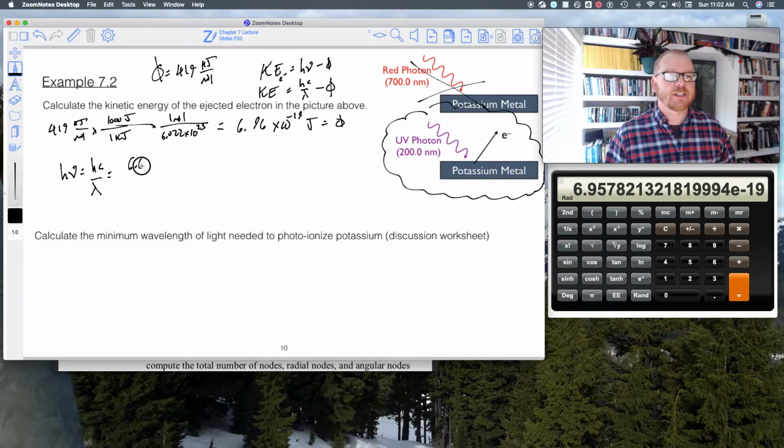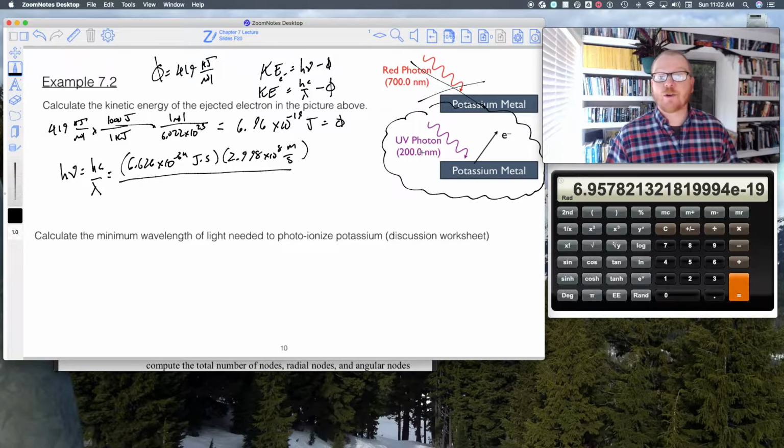So we know h is 6.626 times 10 to the minus 34 joule seconds. We know c is 2.998 times 10 to the 8 meters per second. And here this wavelength, 200 nanometers, I'll put down in the notes on the side.